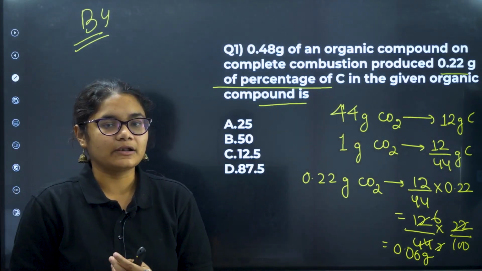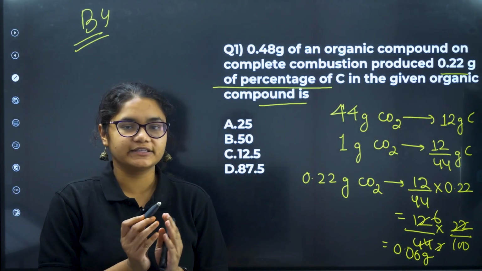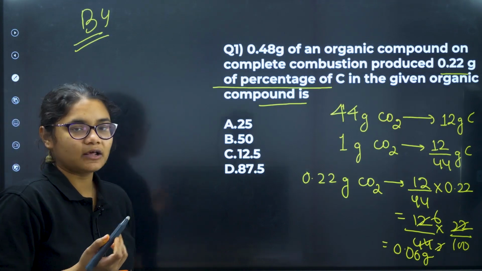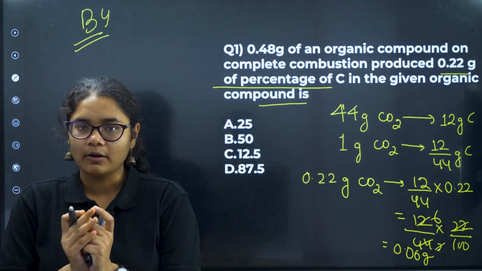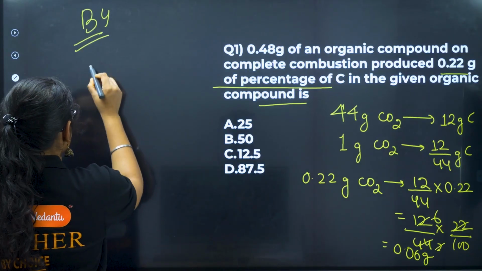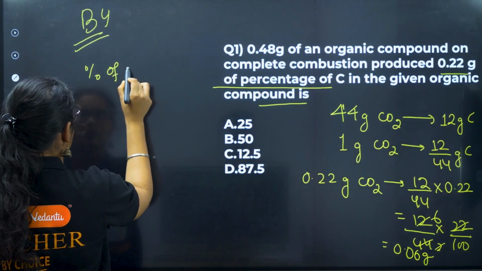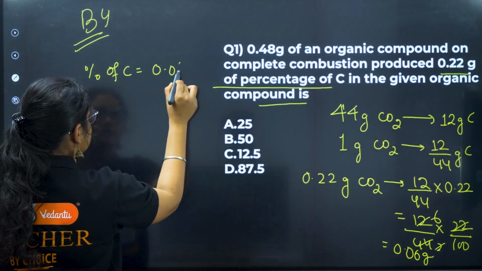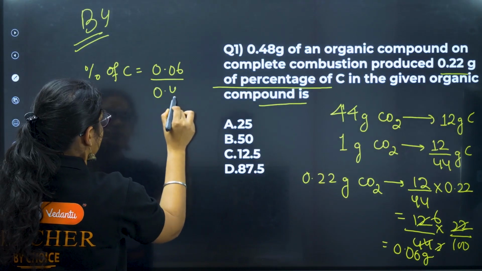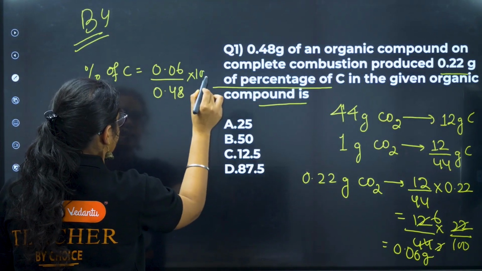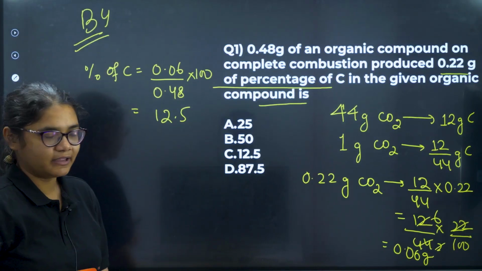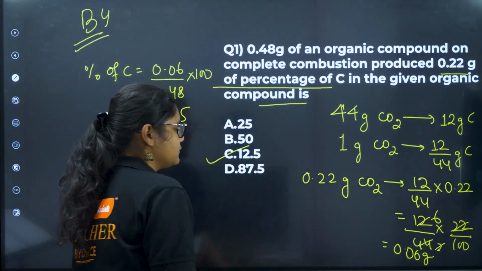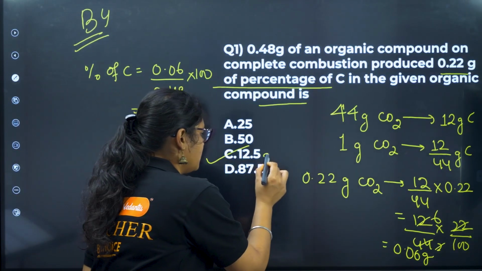Now if it is asked to calculate the percentage of carbon, the percentage of carbon is the mass of the carbon divided by the total mass of the organic compound into 100. So percentage of carbon will be equal to 0.06 divided by 0.48 into 100, okay. If you solve this, the correct answer for this question will be 12.5. That is your option number C, 12.5, okay.